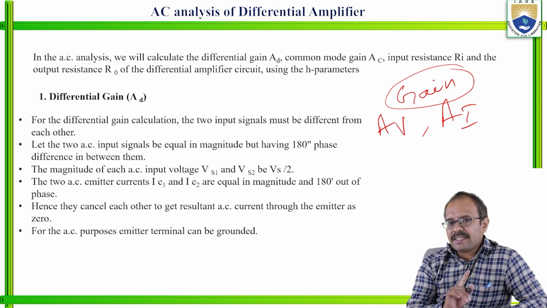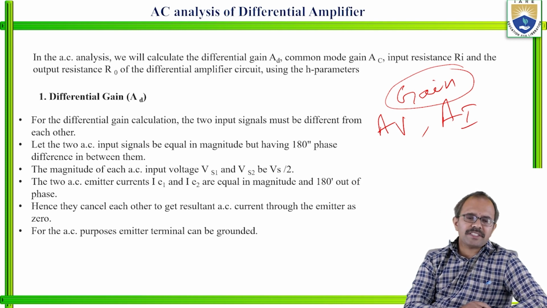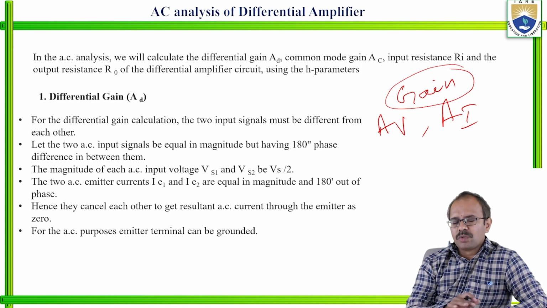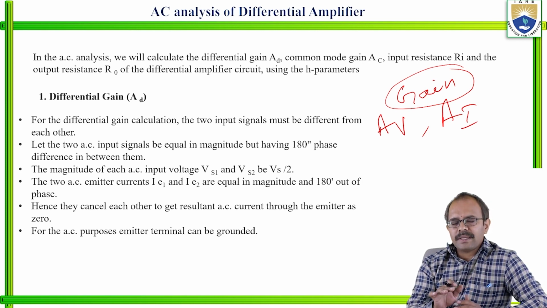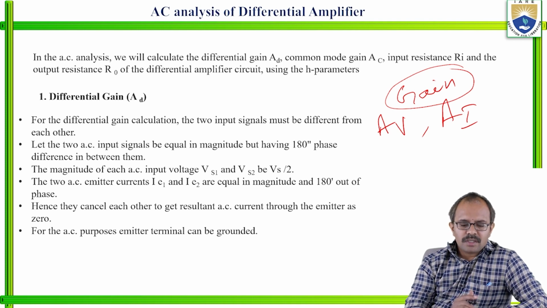The first step remains the same. What is the first step? Suppress, ground all the DC components present in the amplifier circuit, right?